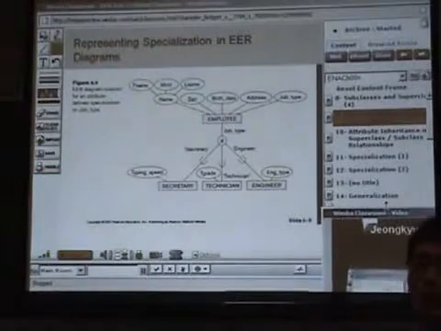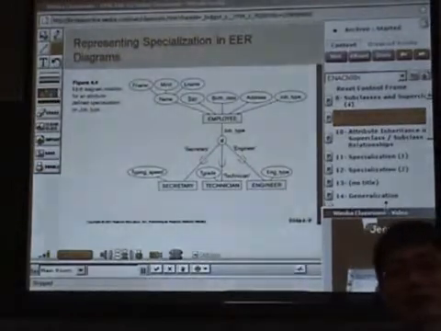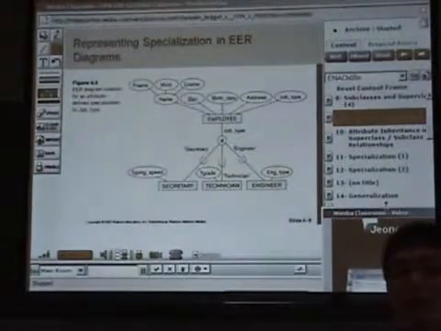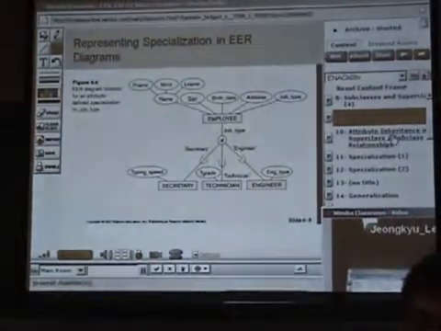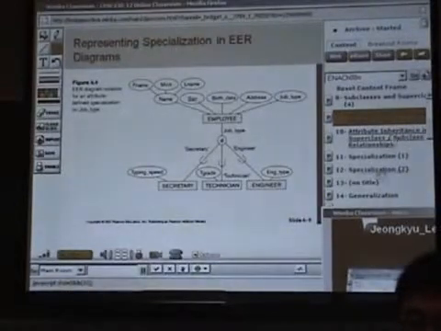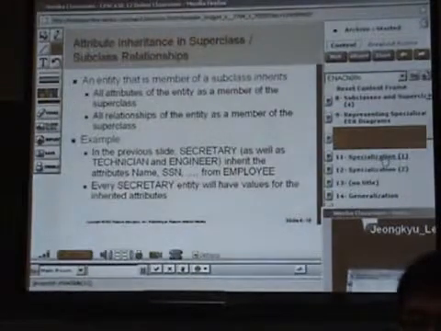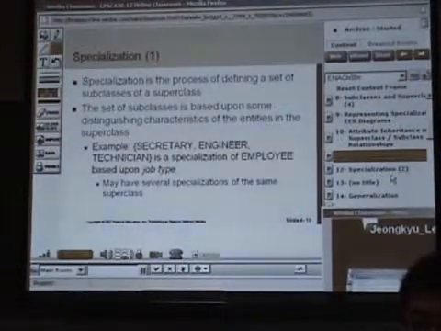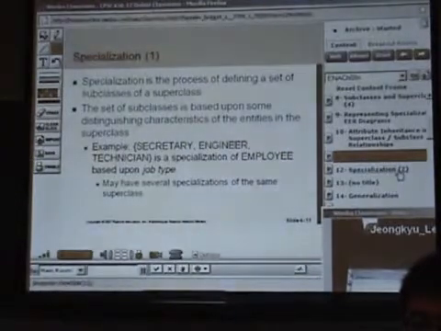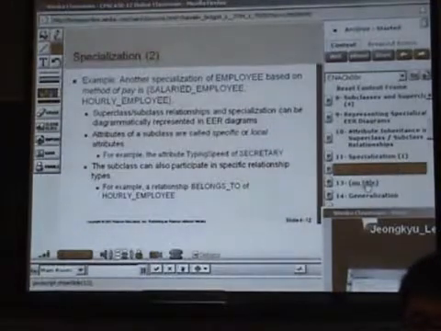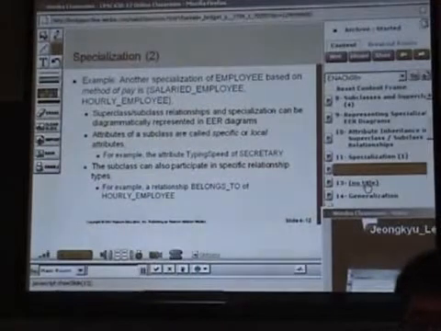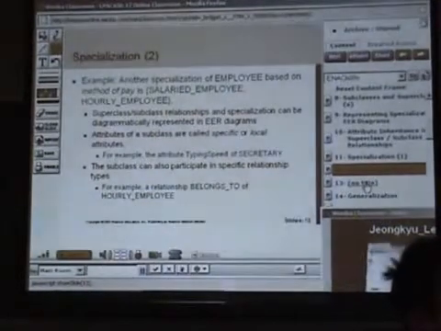So it's much more powerful than basic ER modeling, right? It can represent very complicated conditions using ER modeling. What does disjoint mean?